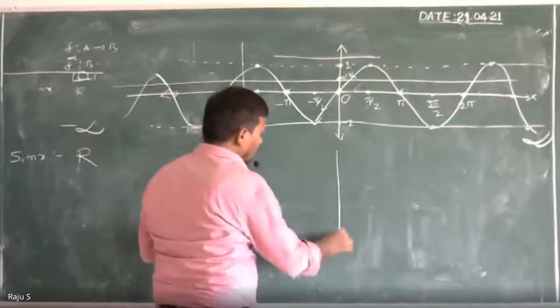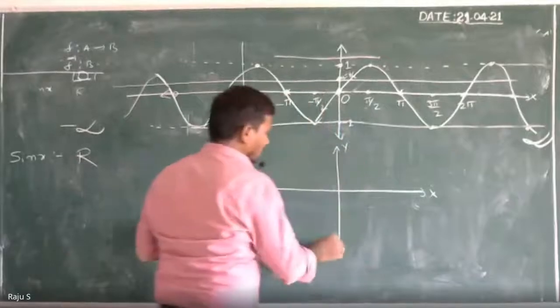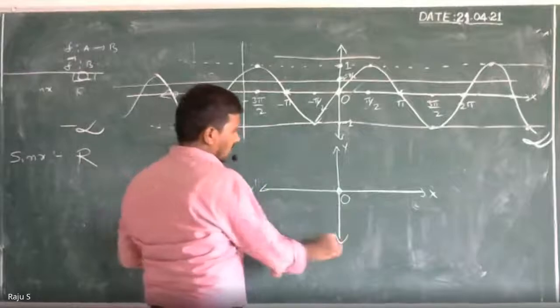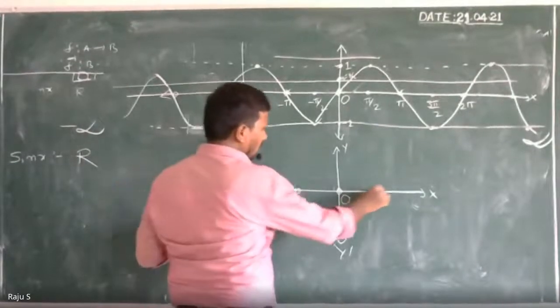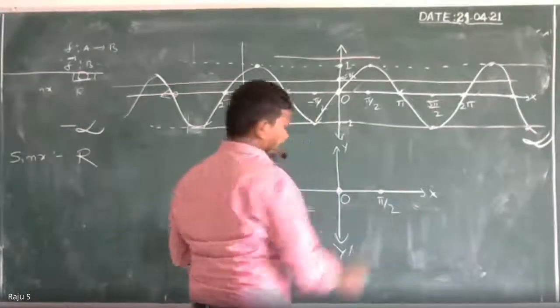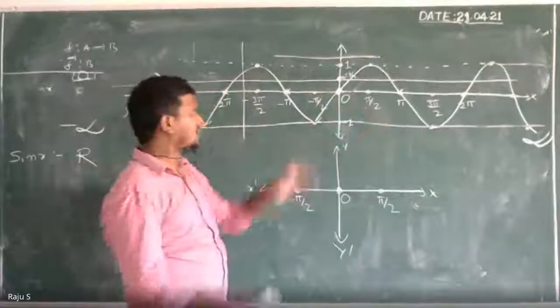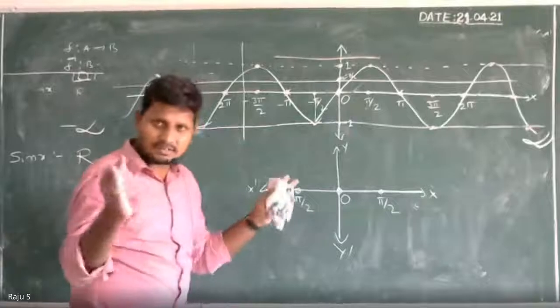So let us see here. I want to take the x-axis, y-axis. This is the origin. Okay, x dash and y dash. Fine. I want to take minus 90 to plus 90. What have I done? Instead of minus infinity to infinity, I have taken just the interval from minus 90 to plus 90. I restricted that.